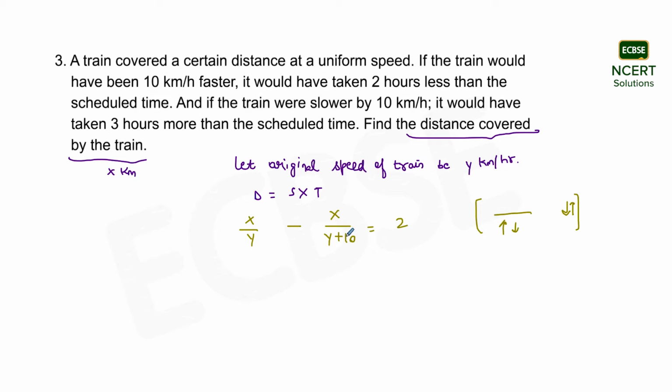And it would have taken 3 hours more than the scheduled time. So the statement which can be formed is x by y minus 10 minus x by y, which is the scheduled time, is equal to 3. These are the two linear equations which we have obtained for this problem.